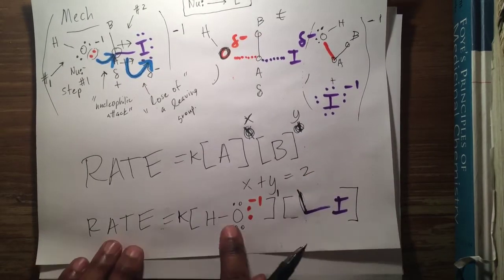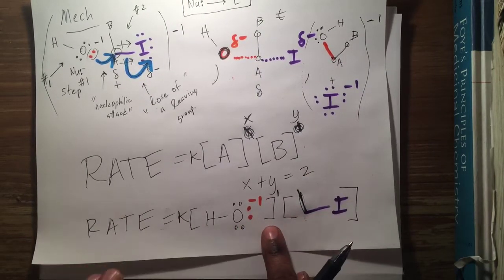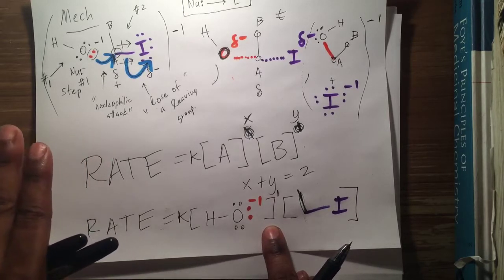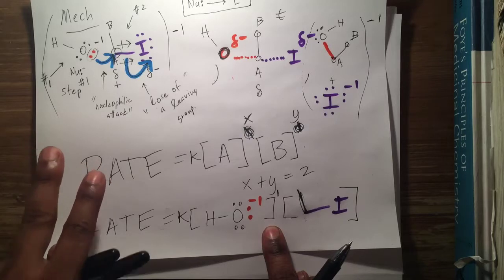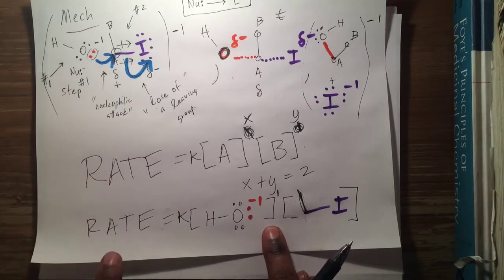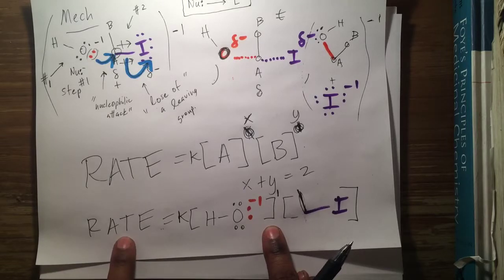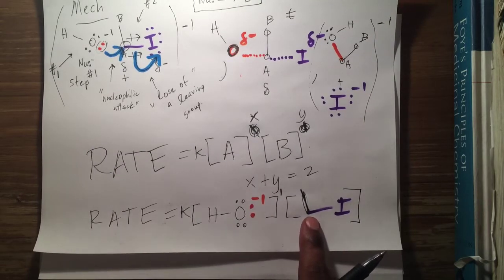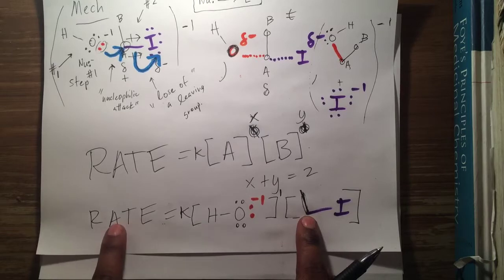First, let's talk about why these two molecules are in the rate. In any chemical reaction, the rate determining step is the slowest step, the step in the mechanism that has the molecules that determine the rate law.